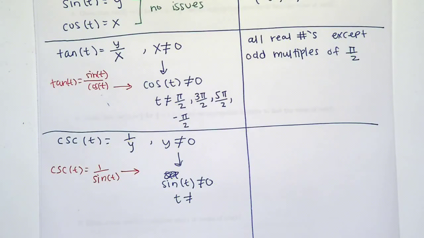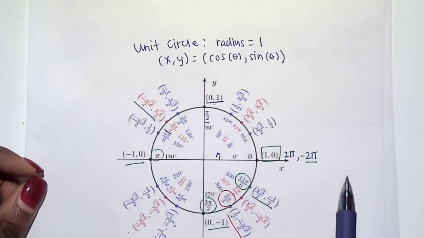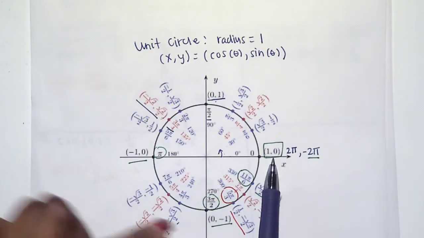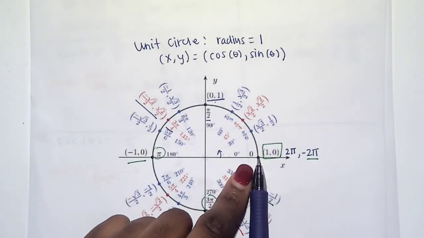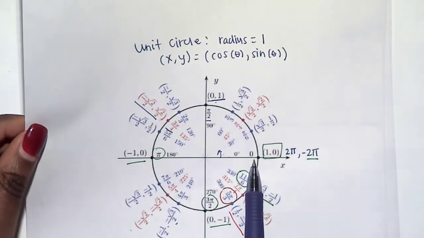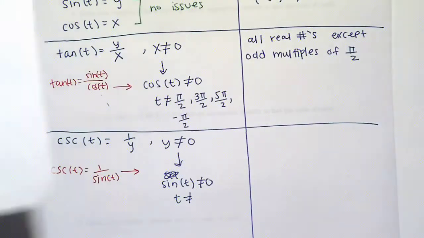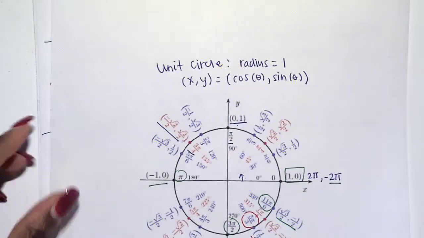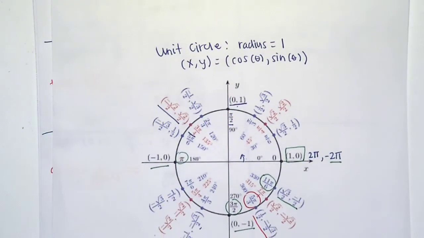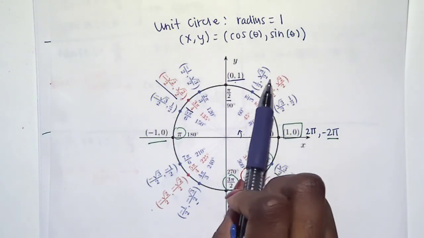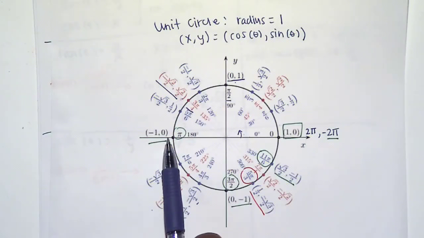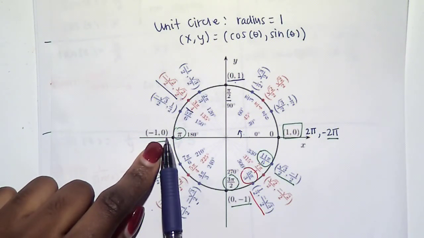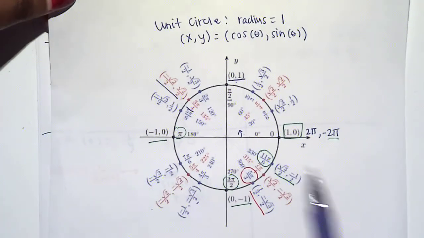So let's find all of those values for t that make sine equal to 0. So remember, sine is our y value. So here's the first one right here at the angle 0. All right, sine of 0 is 0, so we don't want to include 0. Where else do we have y values of 0? We go around right here at pi. So that means our angle cannot equal pi.